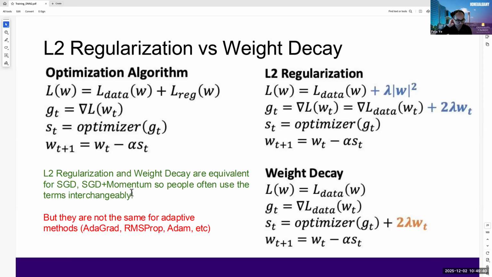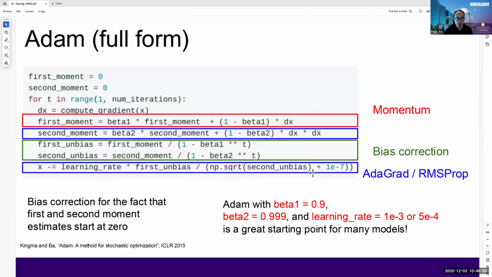But they are different in Adam, RMSProp and AdaGrad. The weight decay we're doing here is different because we have more going on: we have momentum and other things. Also, in RMSProp and AdaGrad, the gradient information is already being scaled, right?